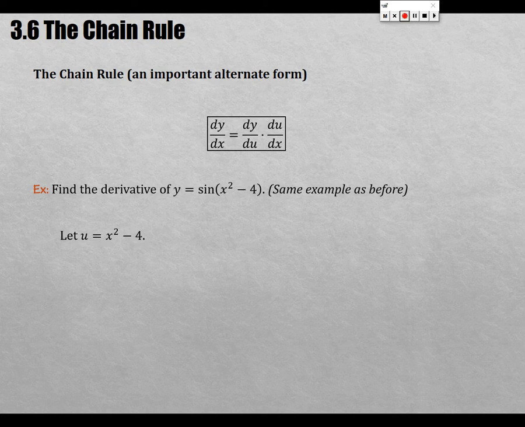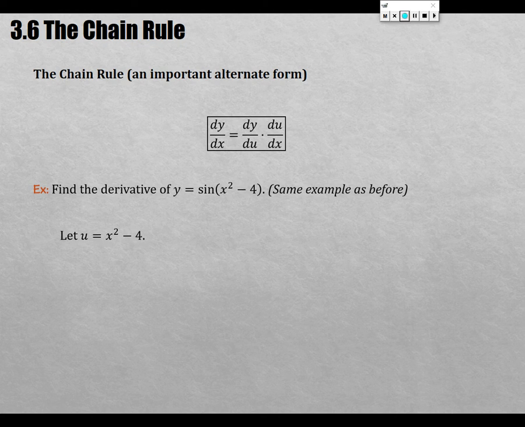Well, what is the derivative of y with respect to u? In terms of u, this function is sine of u. If y is just sine u, the derivative is just cosine u, right? So dy du is cosine u.